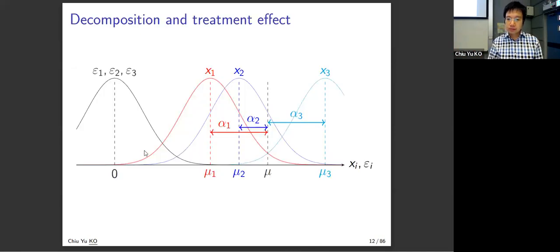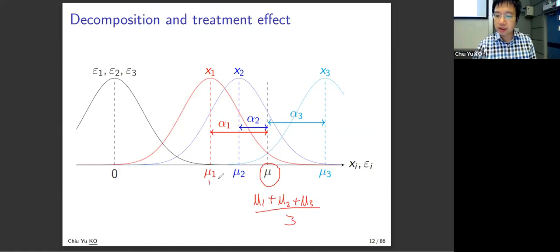Suppose I have 3 groups: man, woman, and elderly. And this comes from mu1 plus mu2 plus mu3 over 3. Take this number, go to the center, and we say the difference is alpha1 for mu1, alpha2 for mu2, and alpha3 for mu3. That's it.